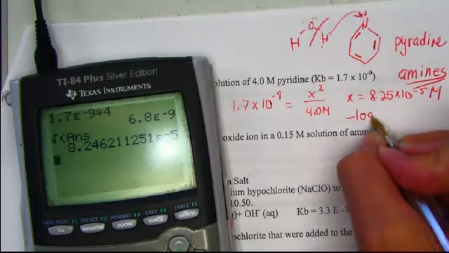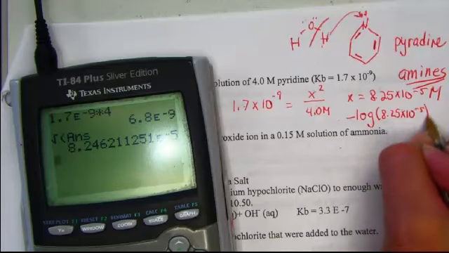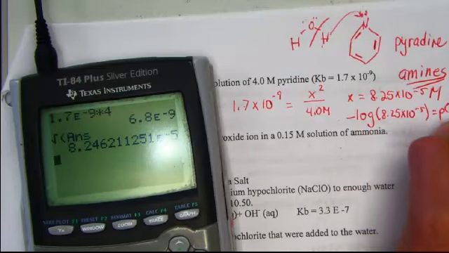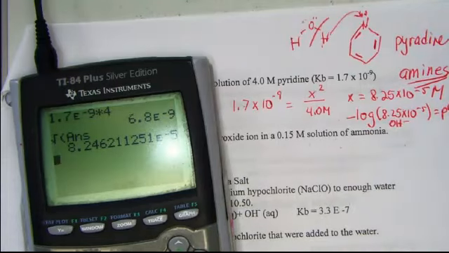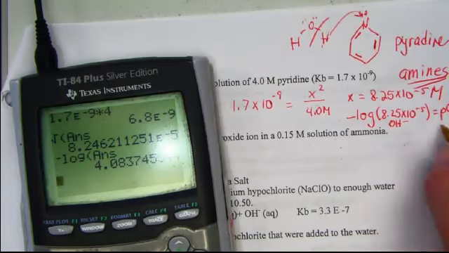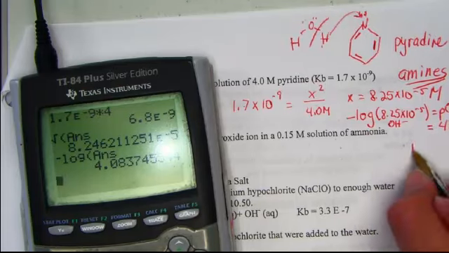When I negative log 8.25 times 10 to the negative 5th, we get something called pOH. The hydroxide ion concentration negative logged gives us pOH. So negative log our answer, and the pOH is 4.08 units.